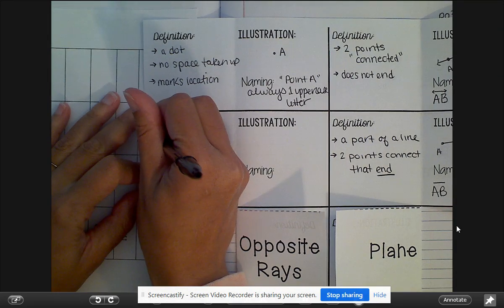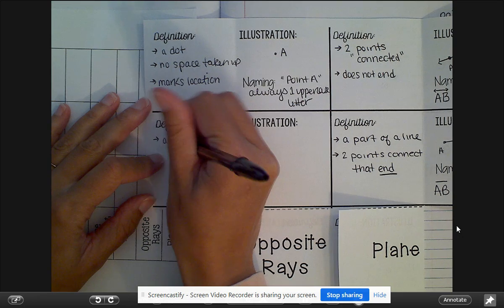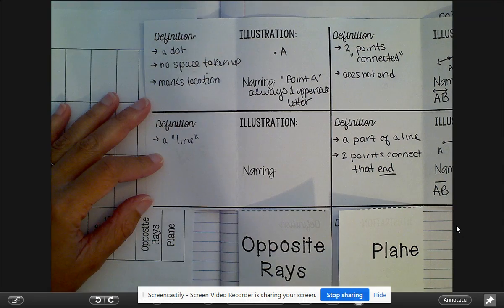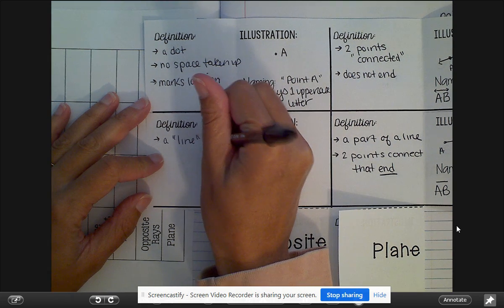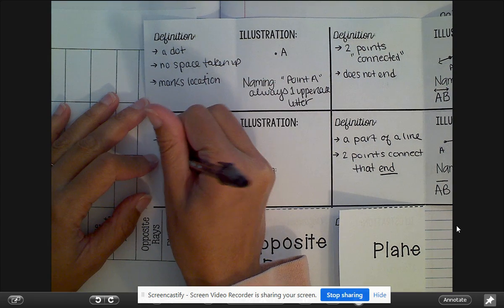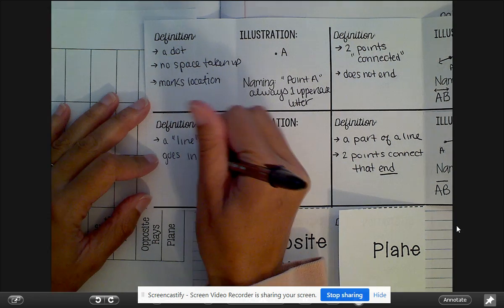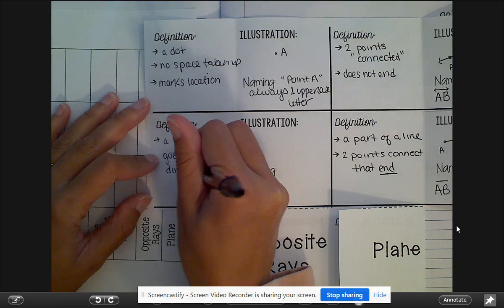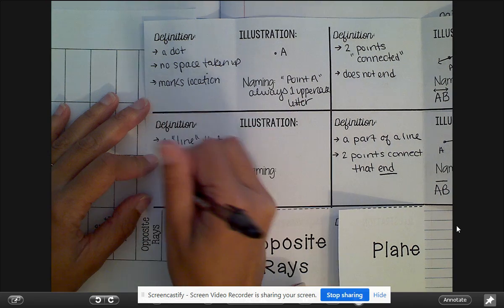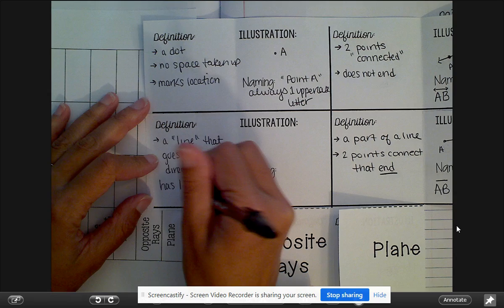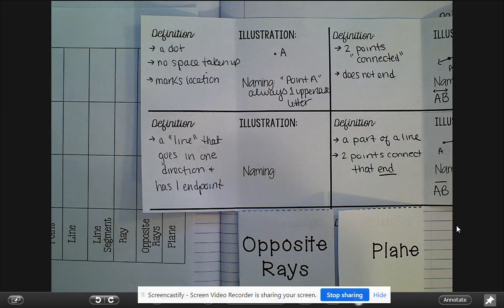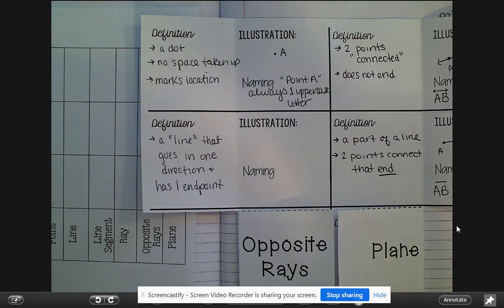So a ray is a line, again, kind of hard to define because it's kind of a line that goes in one direction and has one endpoint.